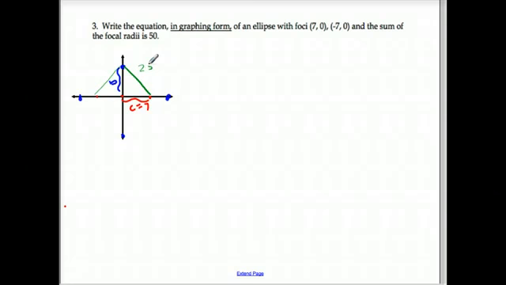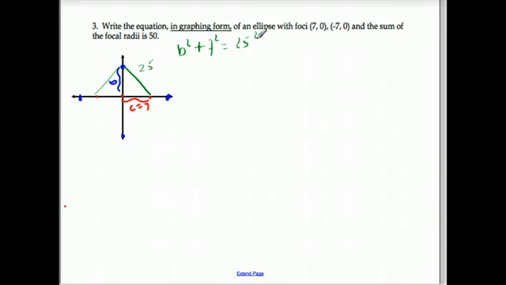So I have b squared plus 7 squared equals 25 squared. Yikes.